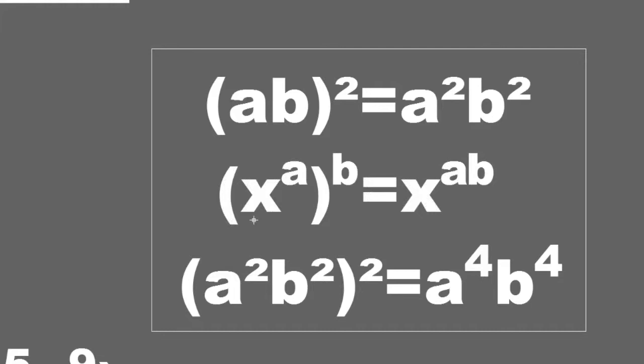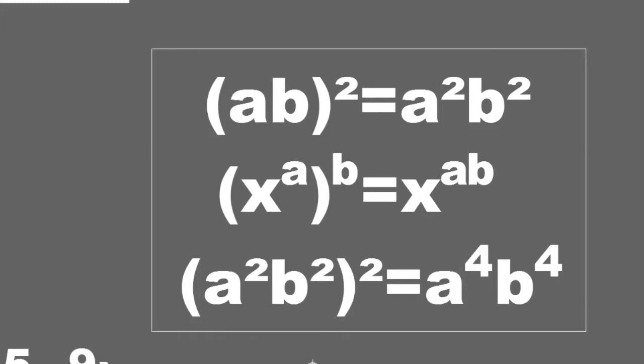But if the number inside of the parentheses has an exponent different than 1, then you have to multiply those exponents. For example, x to the power of a, all in parentheses with another exponent b, equals x with an exponent that is a times b.